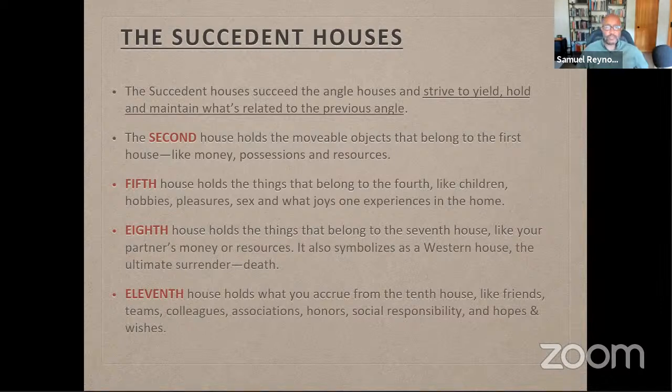11th house holds what you accrue from the 10th house. So these are your friends, teams you belong to, colleagues, associations, honors. When I say associations, like you belong to a frat or sorority, or you belong to ESAR, or you belong to OPA, or you belong to AFAN, right? These different ways, by virtue of you putting yourself out there in the unfamiliar world, this becomes the experience of the 11th.